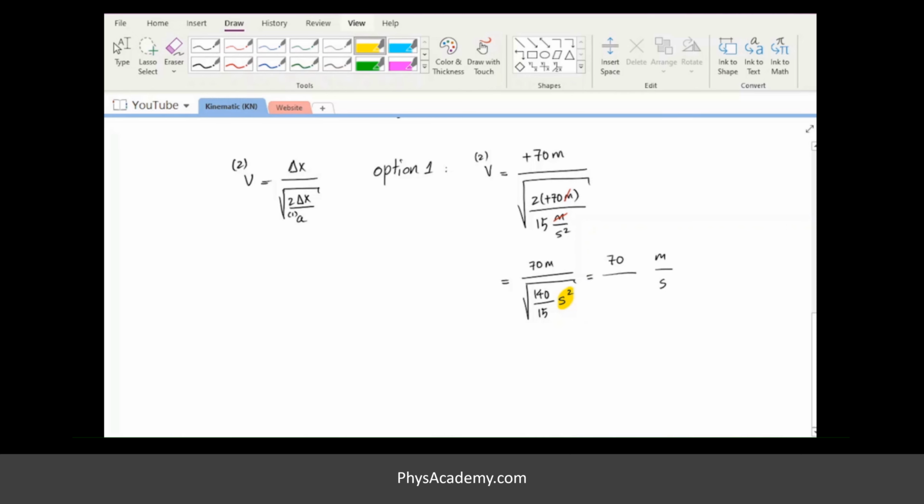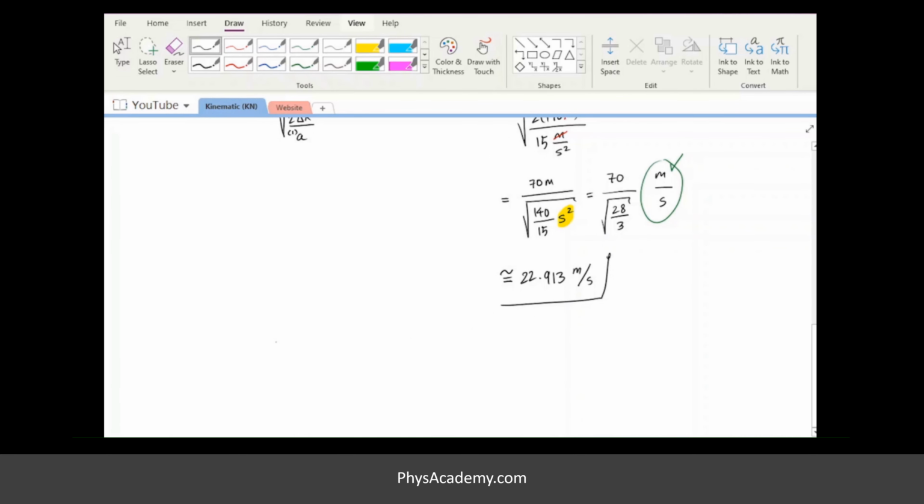Alright, we get 70 divided by the square root of 28 divided by 3, which is approximately equal to 22.913 meters per second. So the coyote cannot keep up if the roadrunner's speed is over 22.913 meters per second.